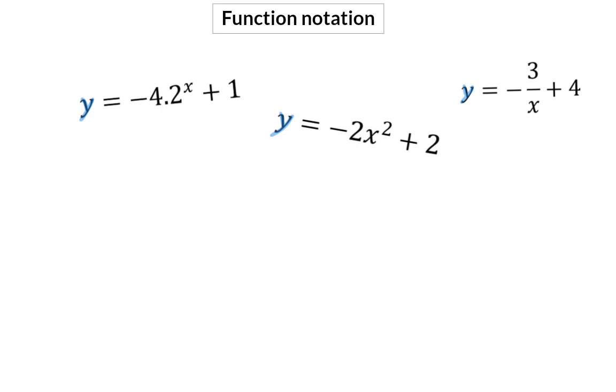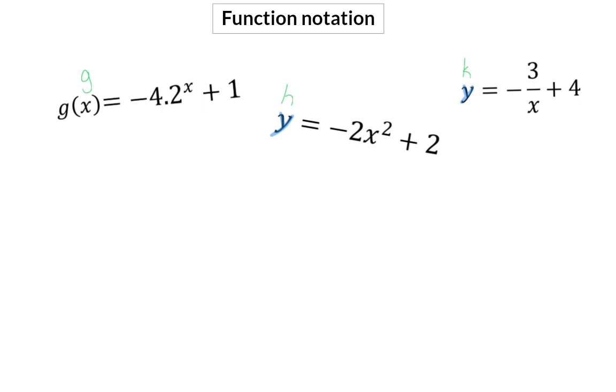In function notation, each graph gets a name, and usually that name is an alphabet letter. For example, we can say that our first graph is named g, our second graph h, and our third graph k. And in function notation, the y value in each equation is then replaced by the function's name and x.